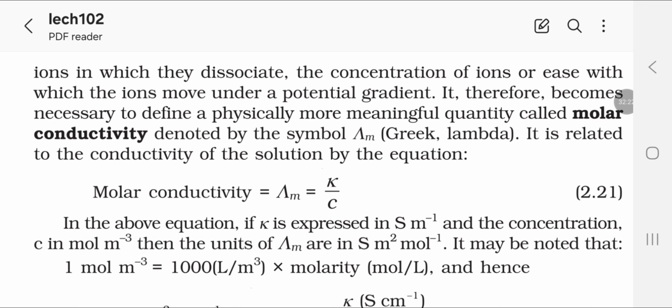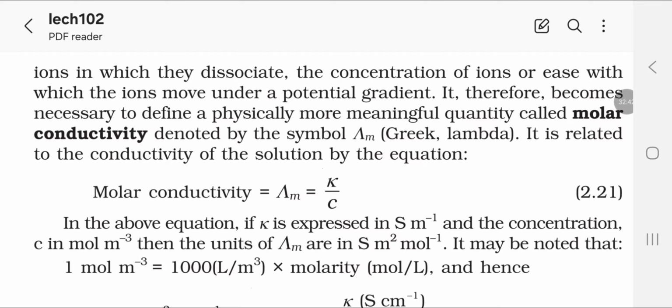It therefore becomes necessary to define a physically more meaningful quantity called molar conductivity, denoted by the symbol Λm. It is related to the conductivity of the solution by the equation Λm = κ/C.